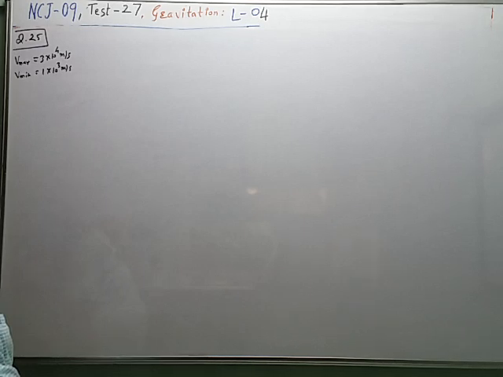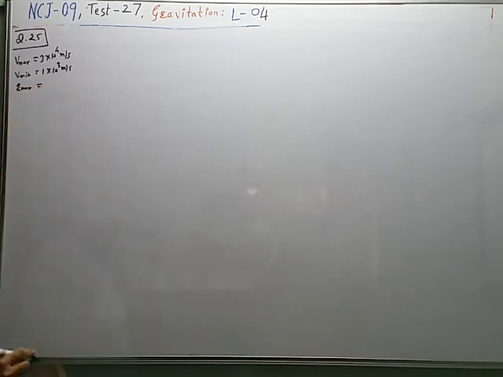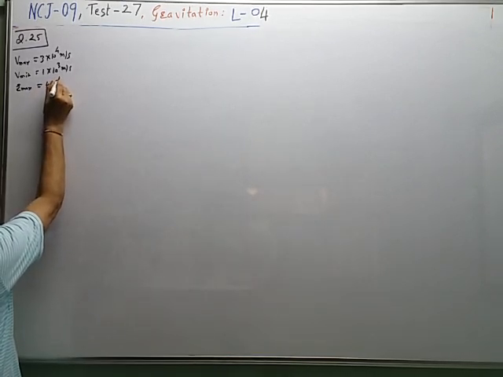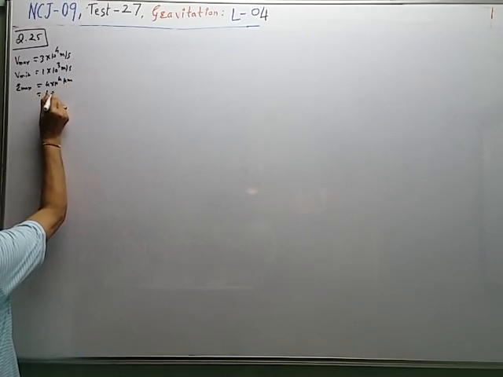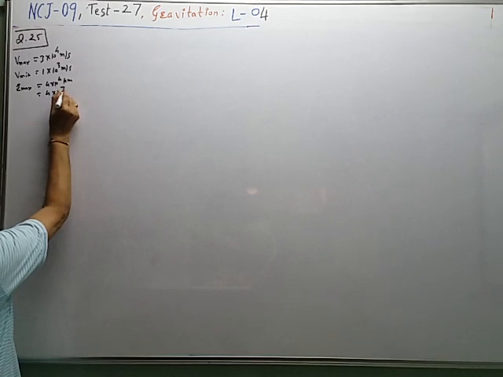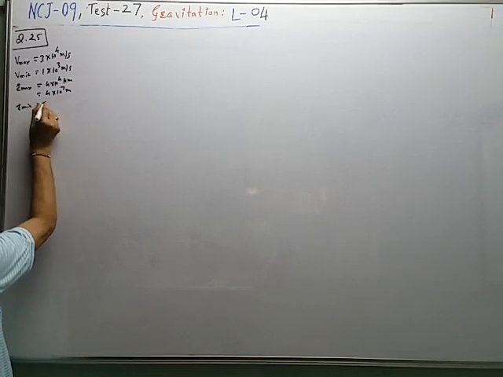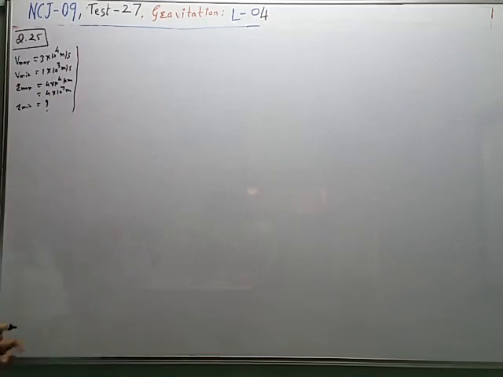Then the maximum distance Rmax is equal to 4 into 10 raised to 4 kilometer, that is equal to 4 into 10 raised to 7 meter. R minimum is equal to question mark.